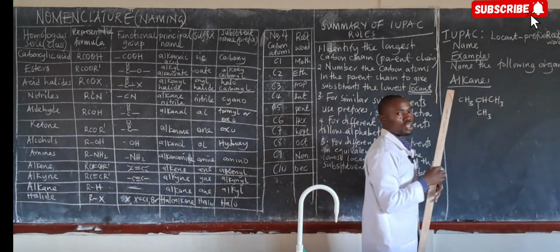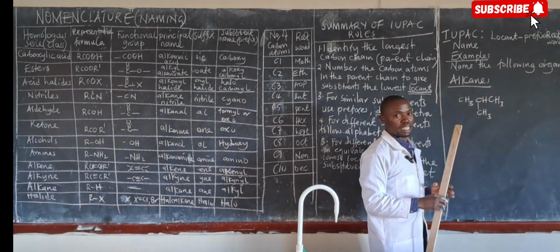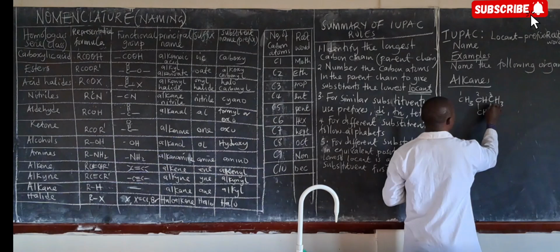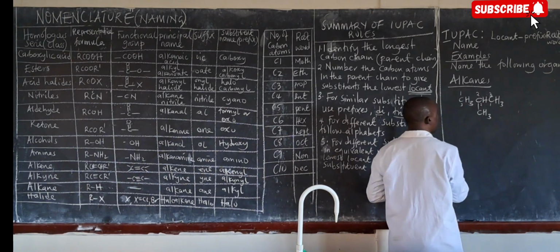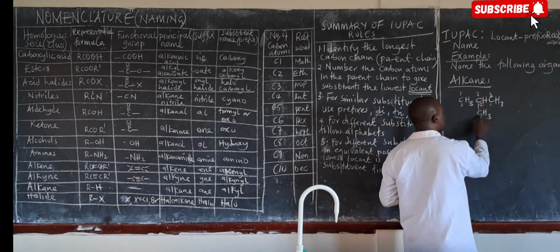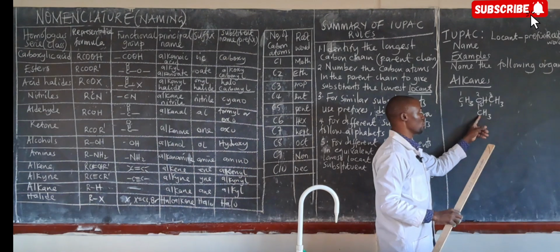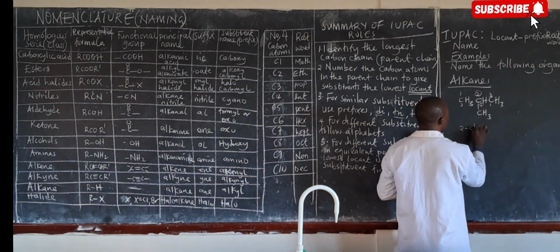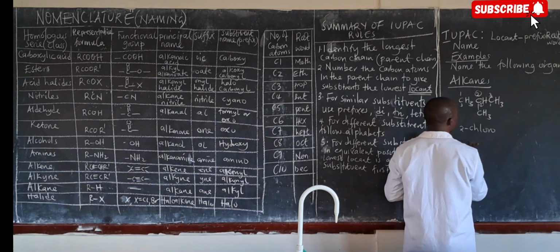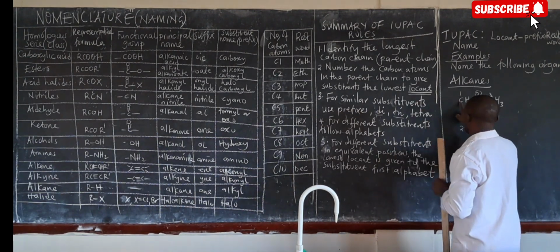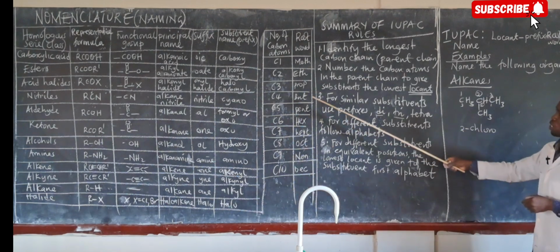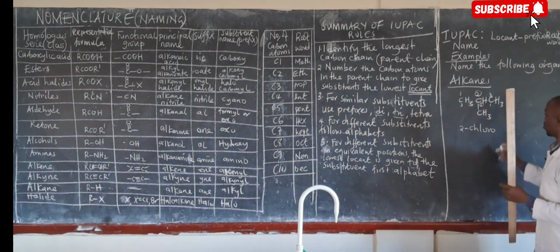So in naming organic compounds, remember we have to number the chain 1, 2, 3. We number from left to right and right to left. So we see this substituent or this branch is located at position 2. So we shall call it 2-chloro. Then the main chain, the longest chain, has 1, 2, 3. So we check on this root word called prop.